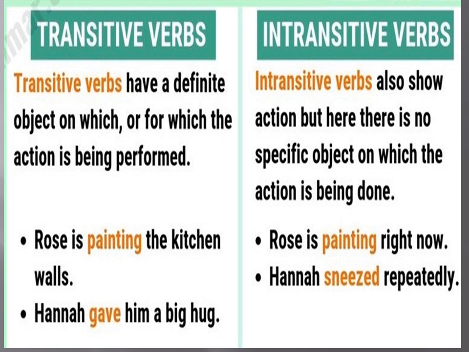Over here she's just painting. We don't know what she's painting, so there is no noun there. It can be she's painting anything. Alright. So let's look at the second sentence. Hannah sneezed repeatedly. So Hannah sneezed. It can be in the morning, it can be in the evening, it can be in the garden, anywhere she would have sneezed.